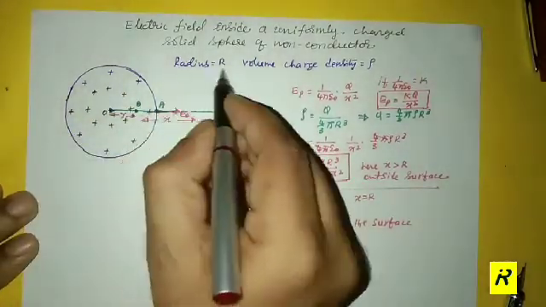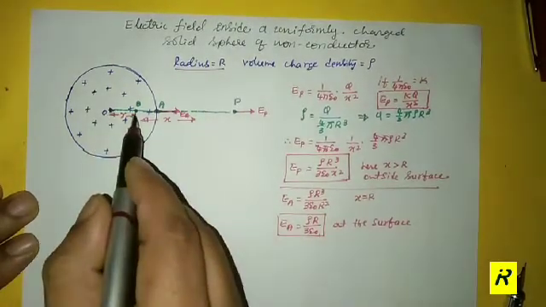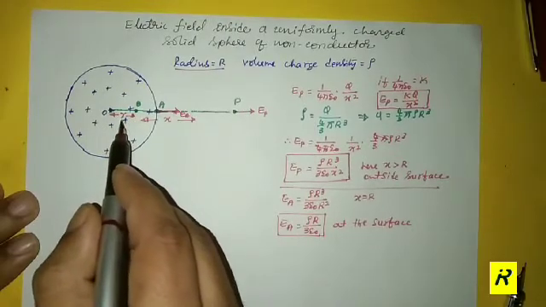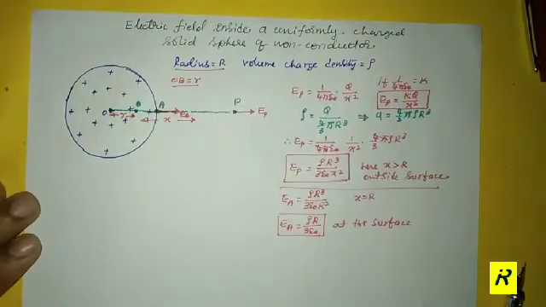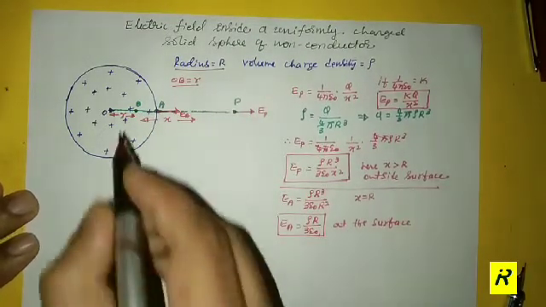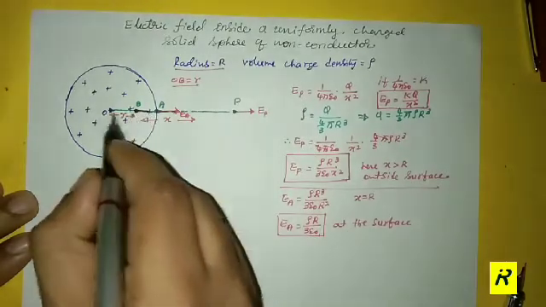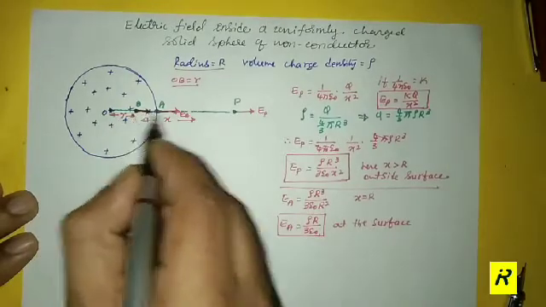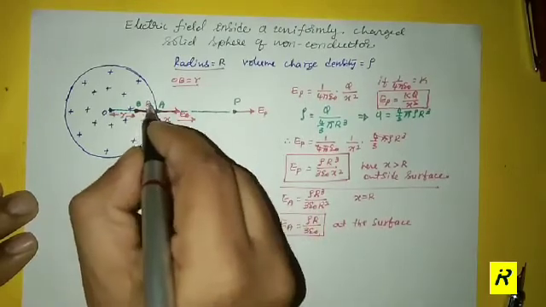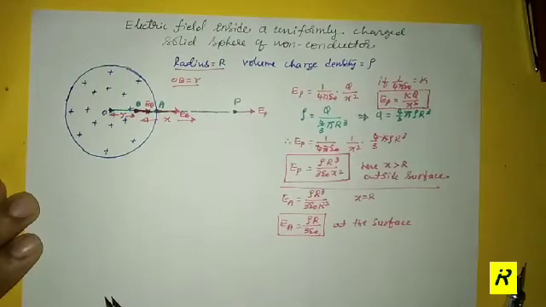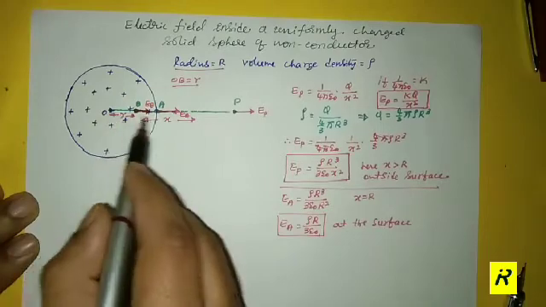The radius of the complete sphere is capital R, and the distance from the center to the point B, which is lying inside, is small r. So OB is r. Be careful. Now at B, the electric field is directed away from the center, in this direction. This electric field I am calling EB. EB is the inside electric field, acting along the radial vector.